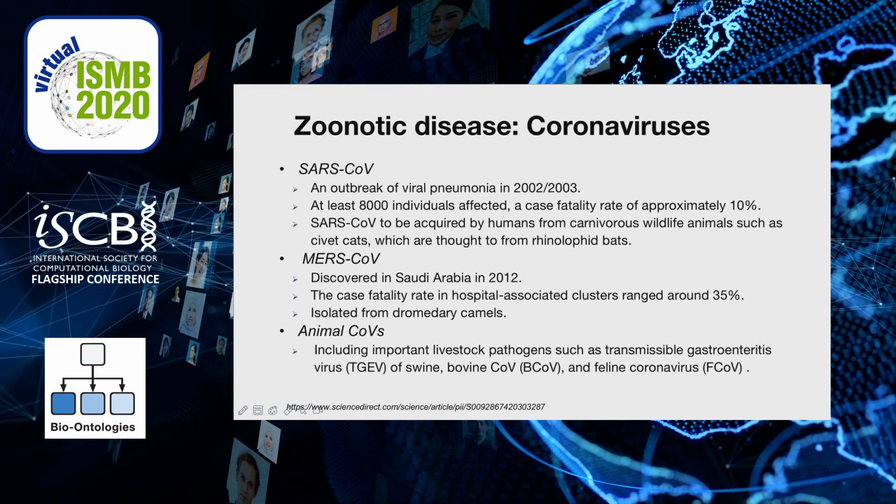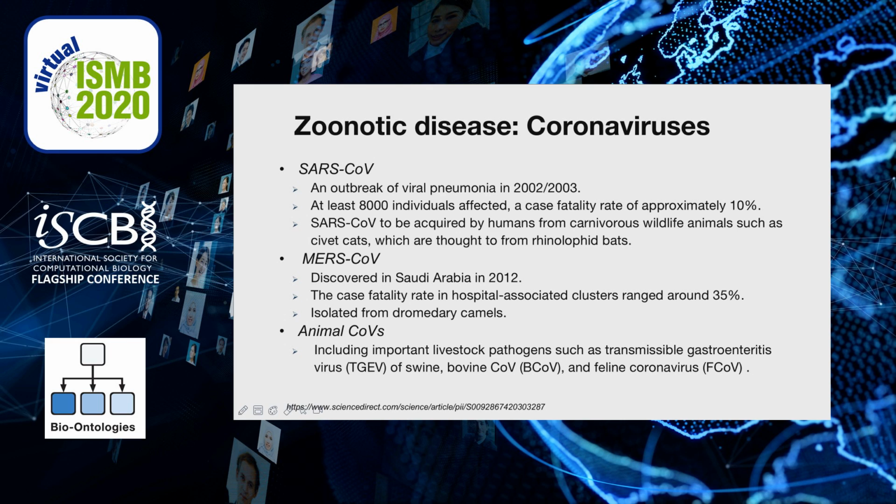SARS-CoV has been acquired by humans from carnivorous wildlife animals such as civet cats, which are thought to have gotten it from rhinolophid bats. MERS-CoV was discovered in a fatal human case of pneumonia in Saudi Arabia in 2012. The case fatality rate was around 35%.